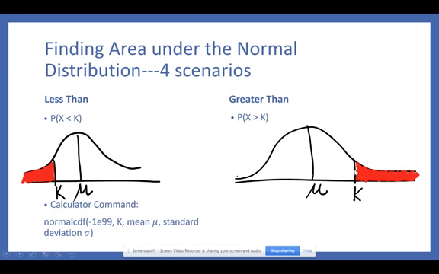We want to be greater than that, so we would shade to the right. Again, because this is continuous, it's going to go on forever and ever to the right, or to positive infinity. So again, we still use the normal CDF command. We give it our low value first, which is K, our high value, which would be infinity, the mean, and the standard deviation.